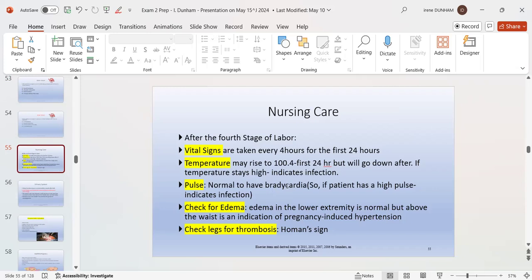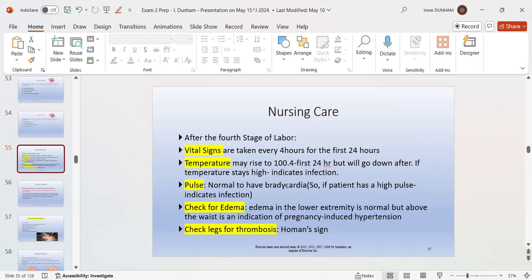And if they have a high pulse after delivery, then you better be looking at a couple things. One, they could have an infection, so then you would really make sure you took a temperature. And number 2, she could be bleeding.